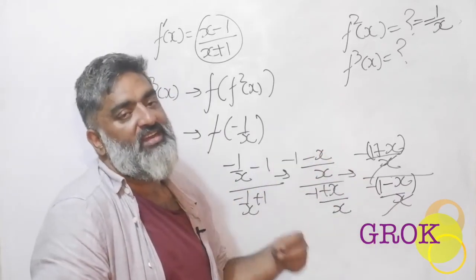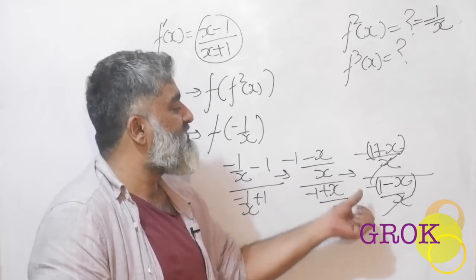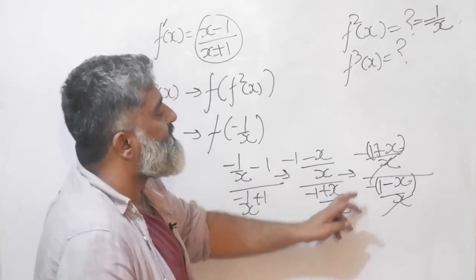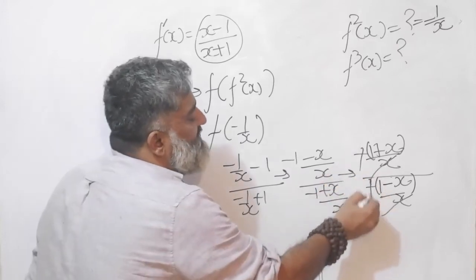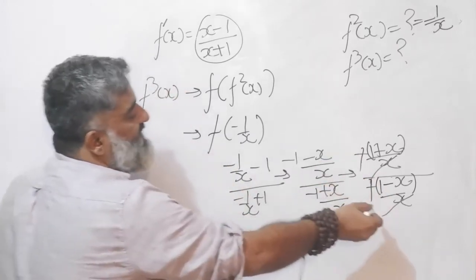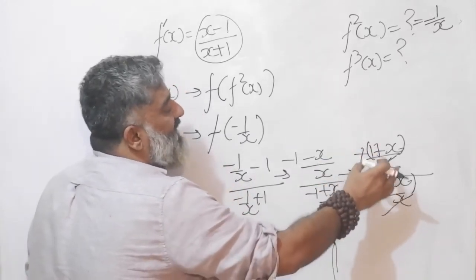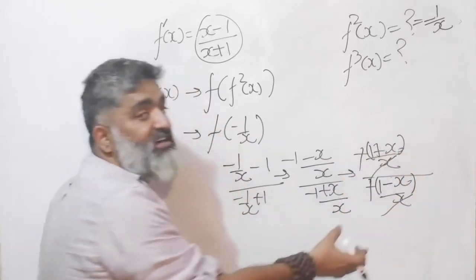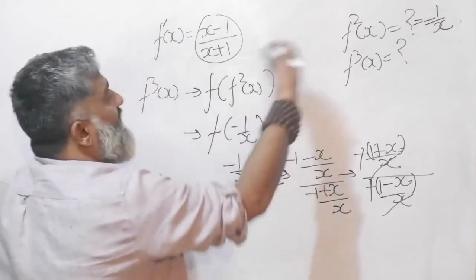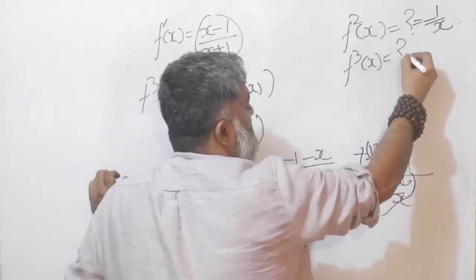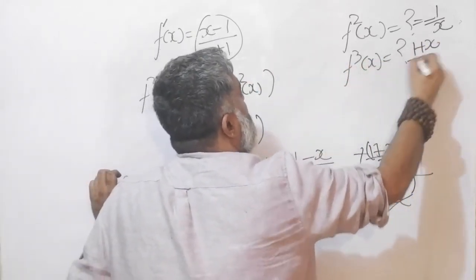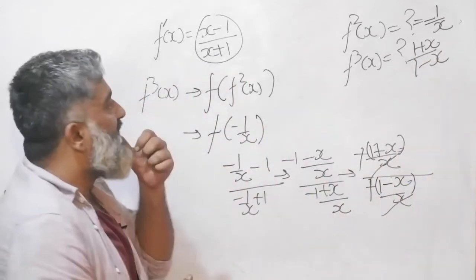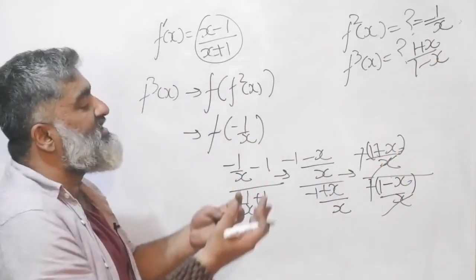These are like your basic class 7, class 8 addition, subtraction, minus into minus kind of steps. I hope nobody is getting lost there. And then these two negative signs are getting cancelled, and what I'm left with is a 1 plus x divided by a 1 minus x. So finally capture that. f3 of x is 1 plus x divided by 1 minus x. So now if I notice, I'm getting three different steps already.